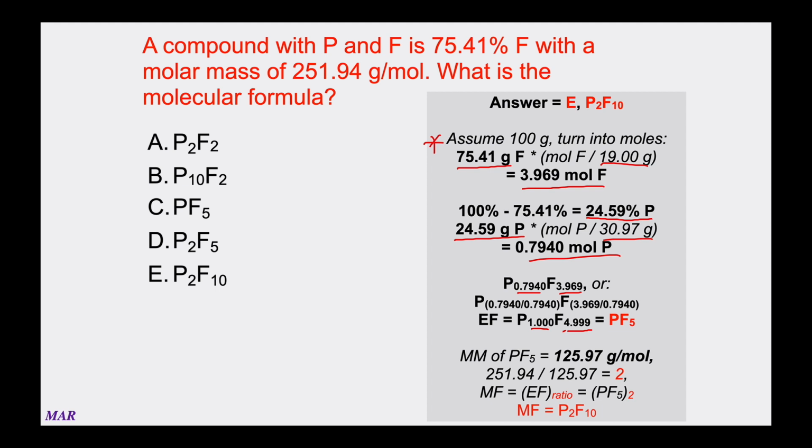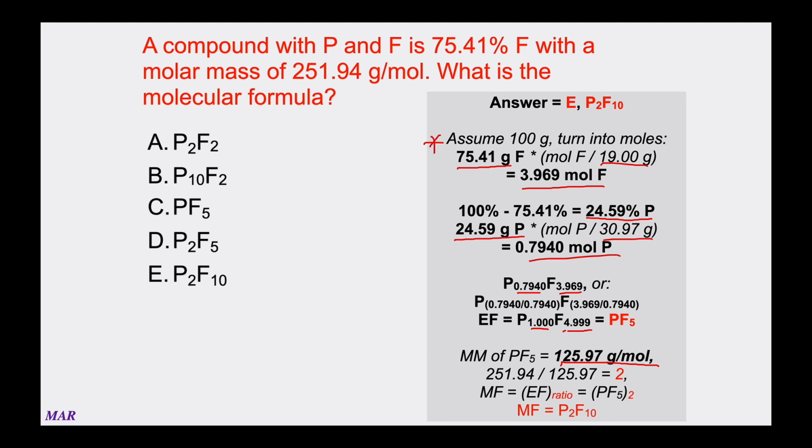And to figure that out, we first need to find the molar mass of the PF5. So if you add up 1 phosphorus, 30.97, and add 5 fluorines, 5 times 19, you get this 125.97 number. That's the molar mass of the empirical formula.